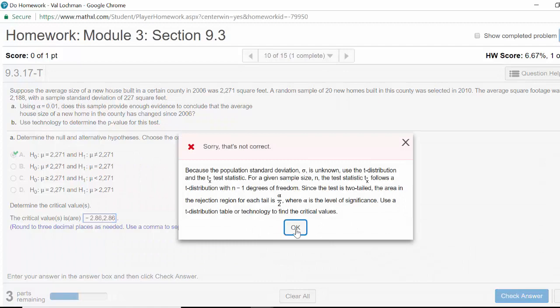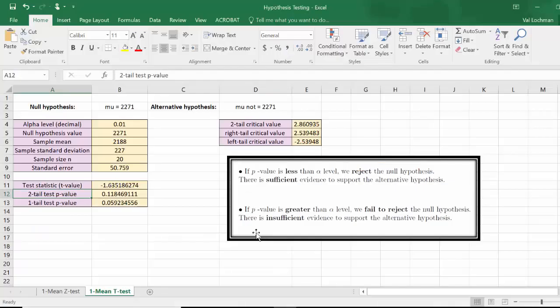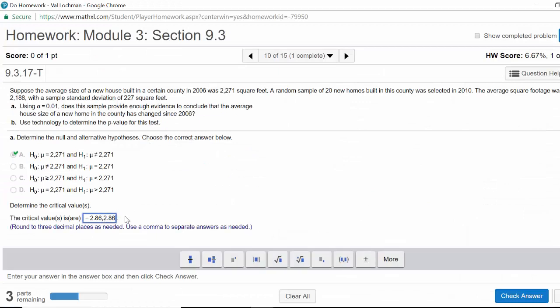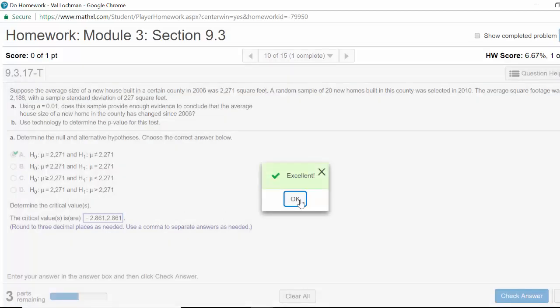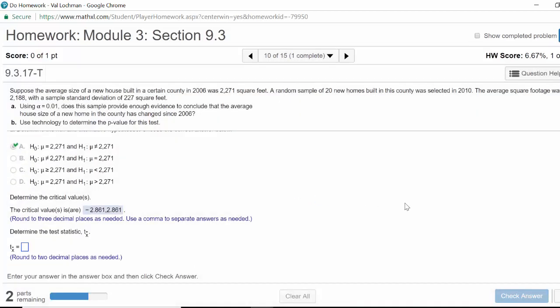Why did it not like that? 3 decimal places, so we have to add a digit to each. All right, these are our critical values that split the distribution into critical and non-critical regions.